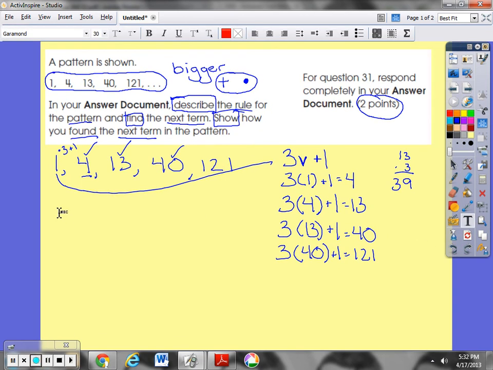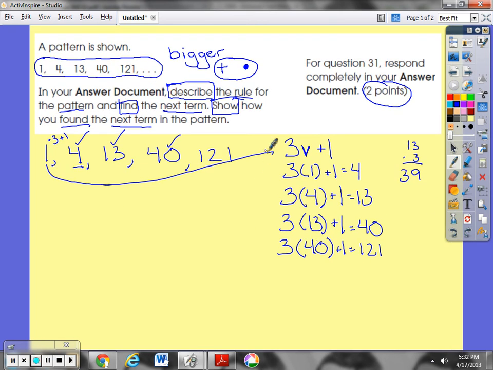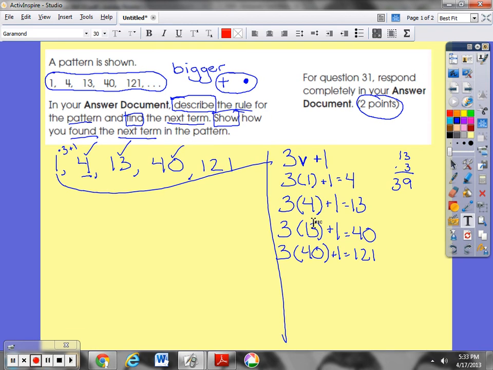Let me describe this for them. I might make 2 boxes for this. I'm going to break this down into 2 boxes. One, I have my pattern. I'm just showing it, and here's my description. I'm going to type.